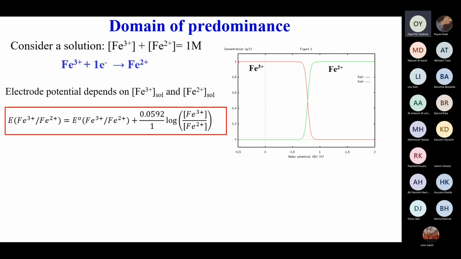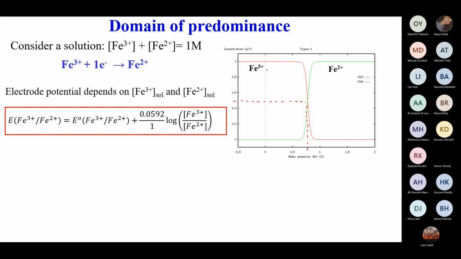So we start with a high reduction potential and eventually, as the Fe2+ increases, the E decreases. The point here is that when these two concentrations are the same, we get the E naught value.